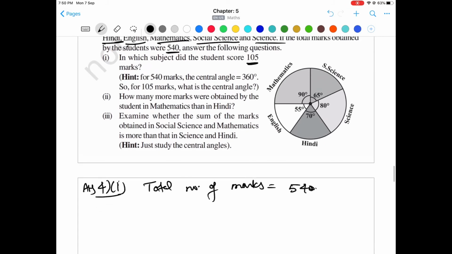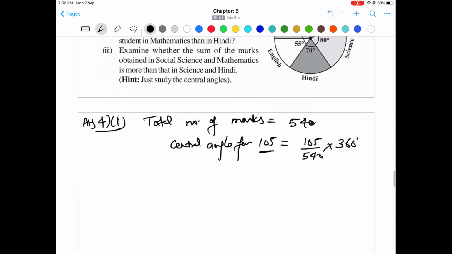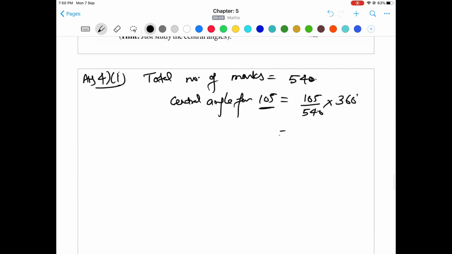Okay, and student have scored 105 marks in a particular subject. We have to calculate in which subject he had got that number of marks. So we have to find the central angle. So the central angle for 105 will be, how we calculate the central angle? We calculate the central angle by first writing a fraction, that is 105 out of 540. This fraction is multiplied by the central angle, which is fixed as 360 degree.